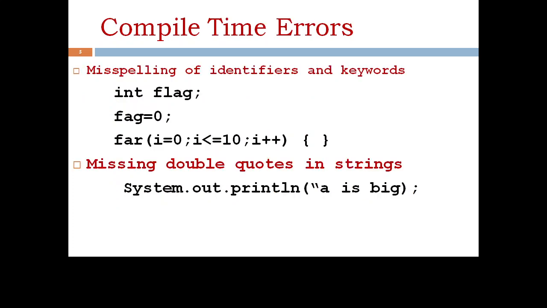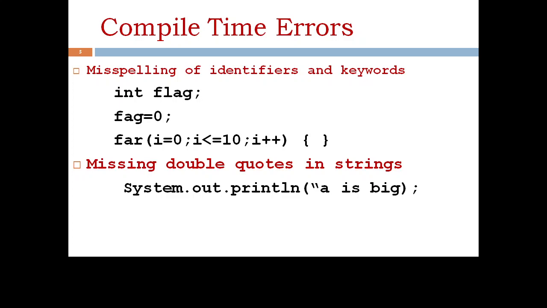Next, misspelling of identifiers and keywords. See the two examples we have given. One is we have declared an int variable named flag. In the next code of the program, he has accessed it as fag, so L is missing.